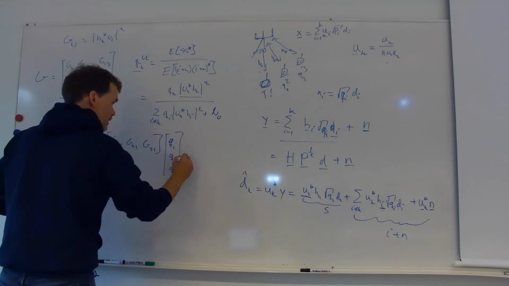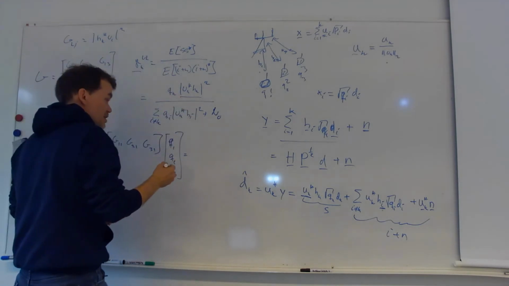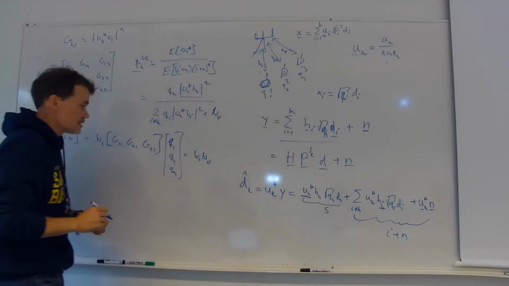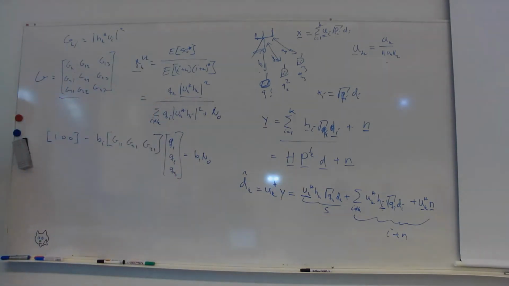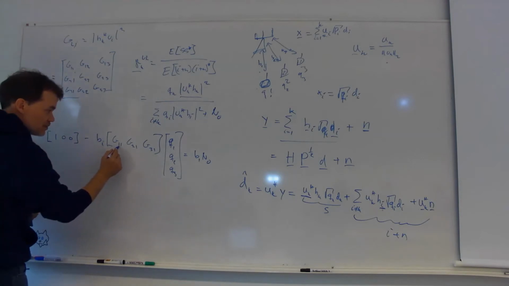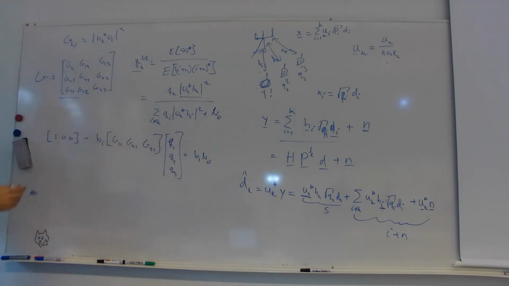So equivalently for user 1, we can write this SINR expression like this. Okay. So now for user 1, we have picked G11, G21, and G31, which happens to be the first column, right?